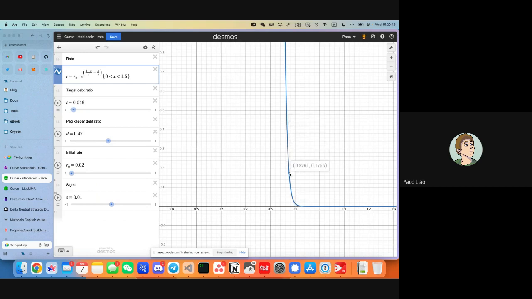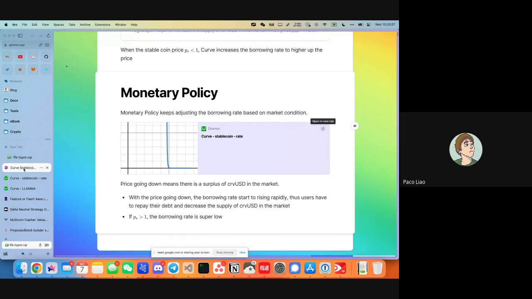So if the price is lower than 0.9, the borrowing rate will be very high. So they're starting to raise the borrowing rate rapidly.